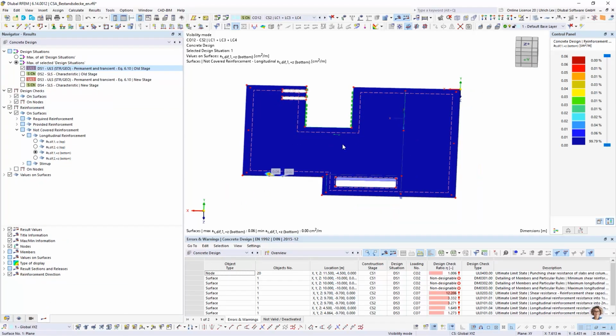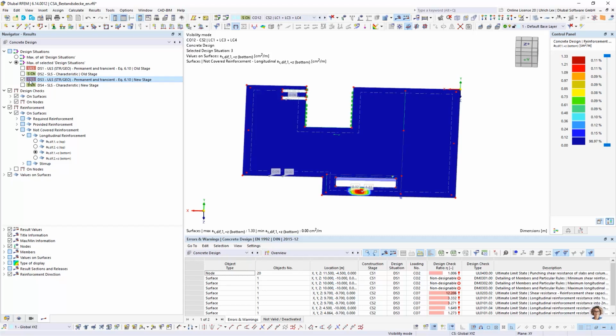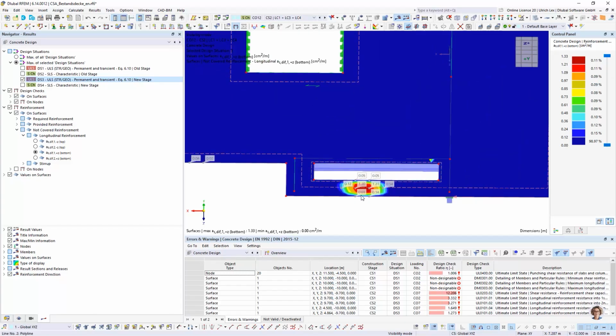And now we can easy check if the reinforcement is also okay in the new stage. When I do this, then we see that only here in this part it is not okay.